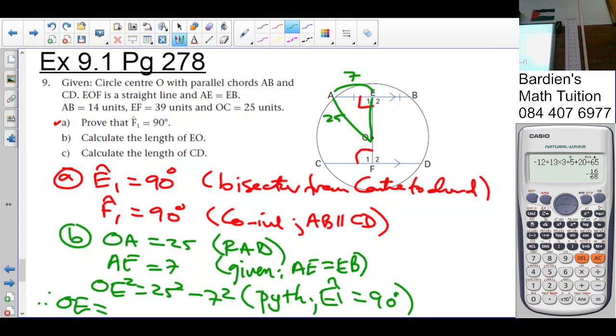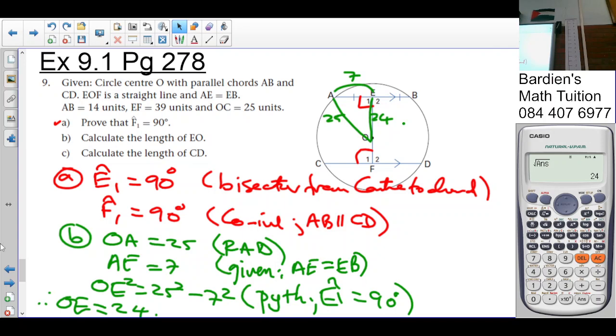It's going to be 625 minus 49, which is 576. The square root thereof is 24. So that's going to give you 24 here. Okay?